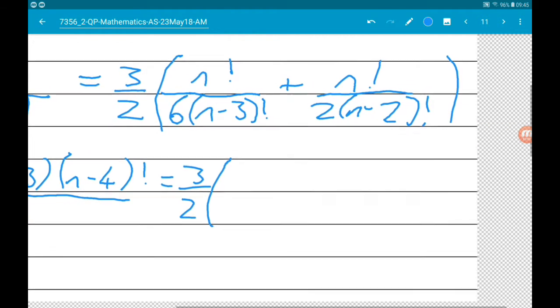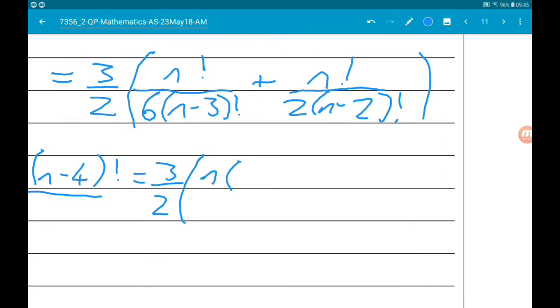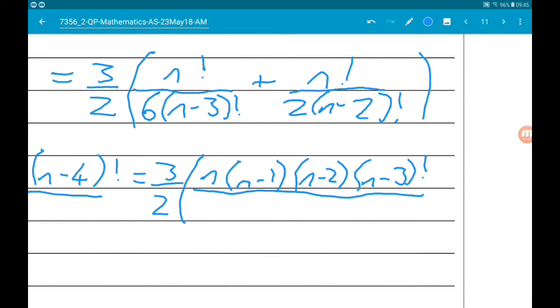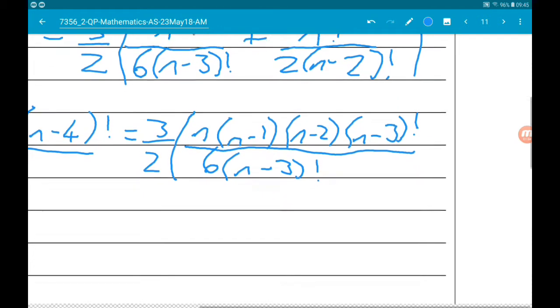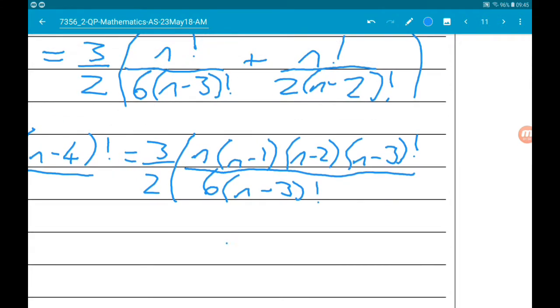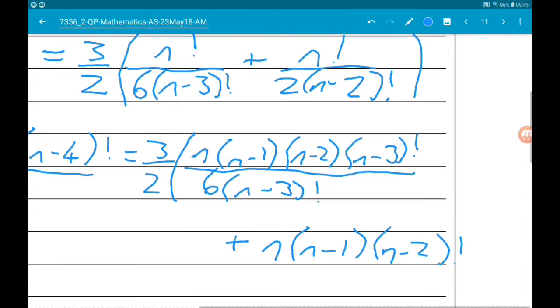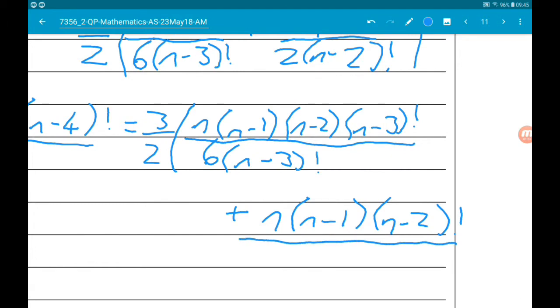Now with this first one, we've got n times n minus 1 times n minus 2 times n minus 3 factorial over 6 lots of n minus 3 factorial, and then the last term is going to be n times n minus 1 times n minus 2 factorial over 2 lots n minus 2 factorial.